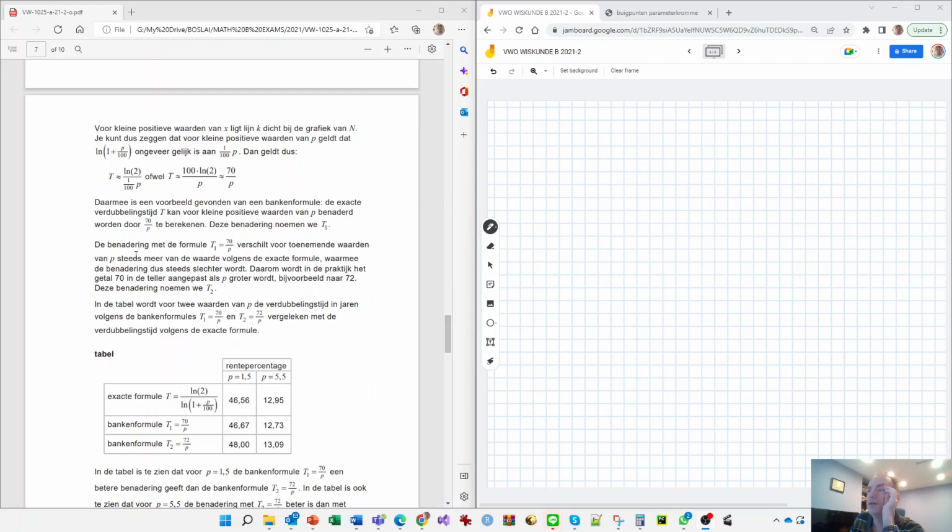And they call T1 the estimated one. And they say for larger p, the approximation starts to differ more and more from the exact equation.